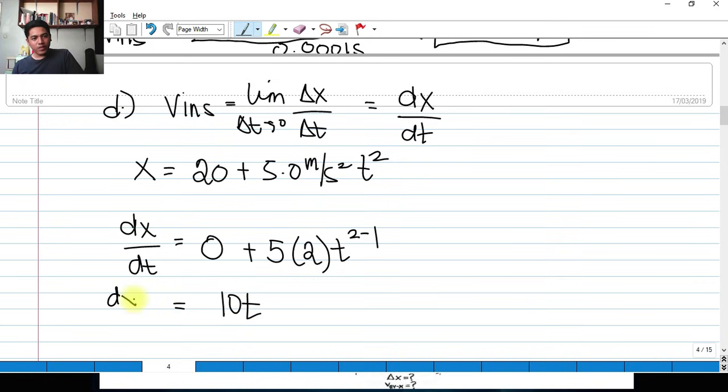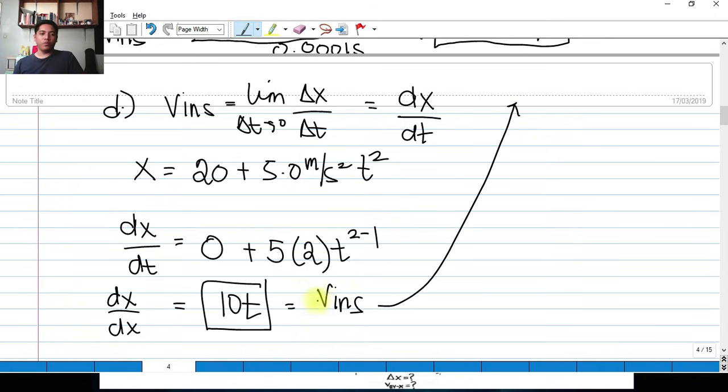So that should be our expression now for the instantaneous velocity, 10t. Okay? What does this equation tell us? We can find the cheetah's instantaneous velocity at any time t given this equation.